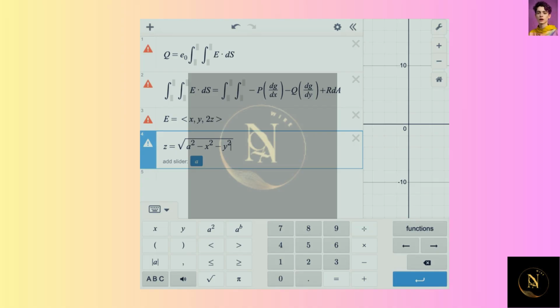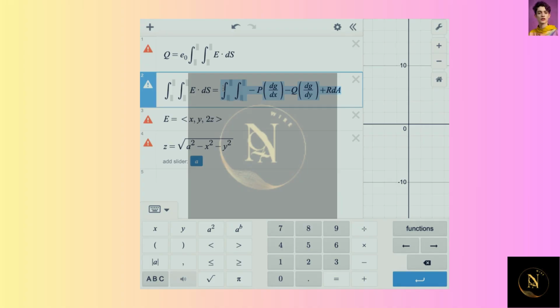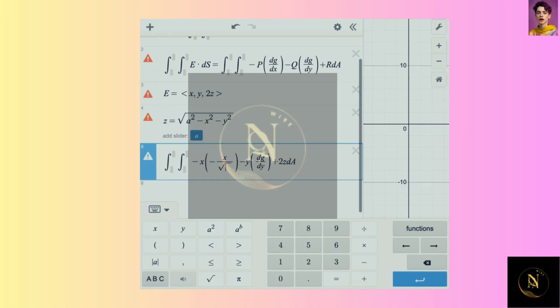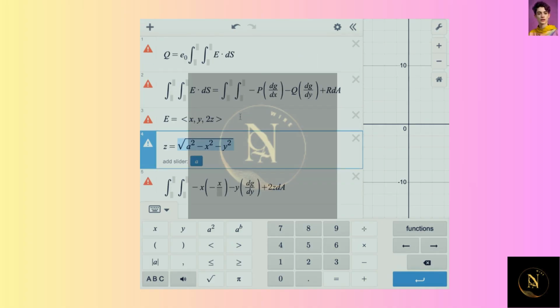Now we take the partial derivative with respect to x and y to incorporate it into the formula. P is x, Q is y, and R is 2z. The partial derivative is going to be negative x over z.